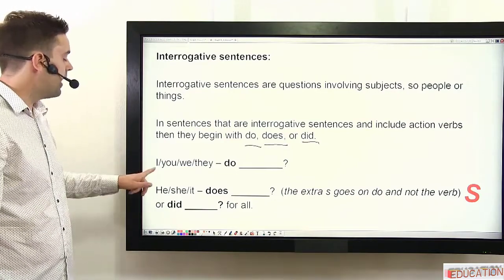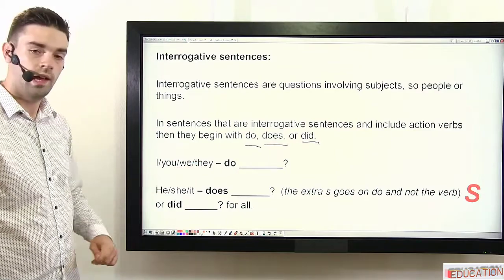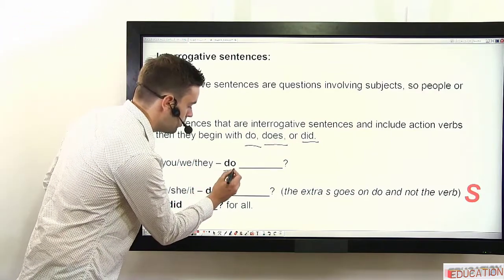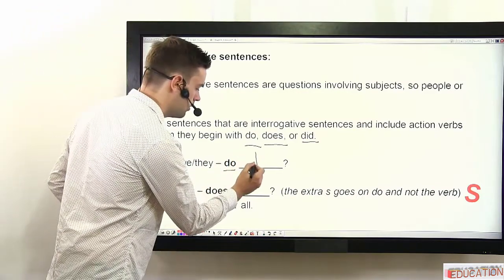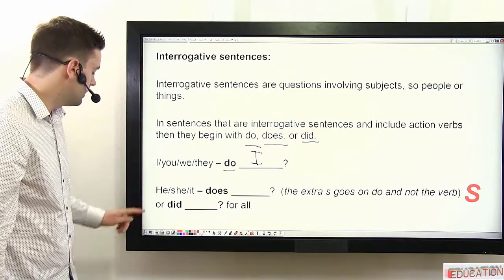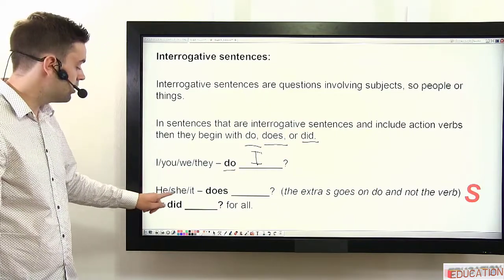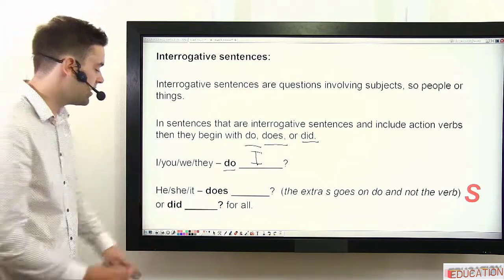If it's I, you, we, or they, it begins with do. So, do I? If it's he, she, or it as the subject, it begins with does.